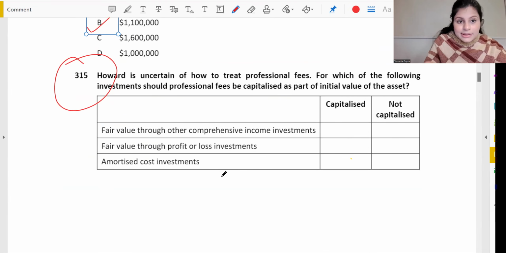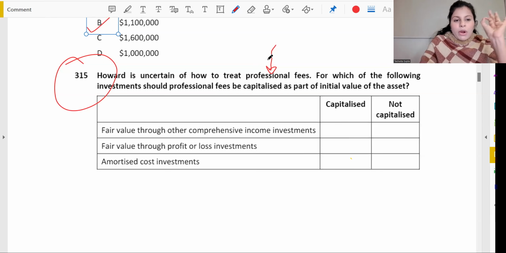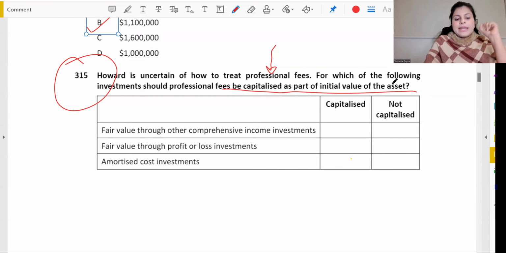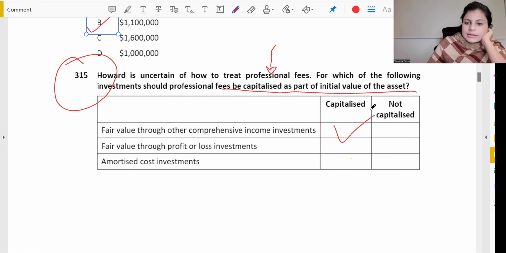Howard is uncertain of how to treat professional fees. For which of the following investments should professional fees be capitalized as part of the initial value of the asset? When you keep anything under fair value through OCI, do you capitalize the transaction cost? Yes.